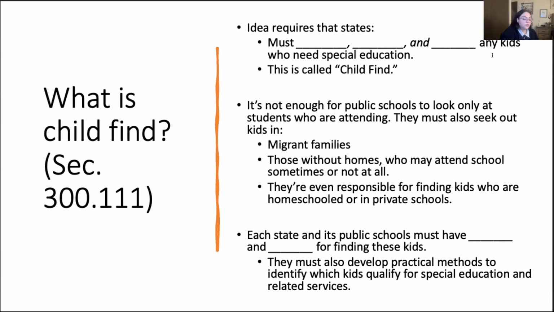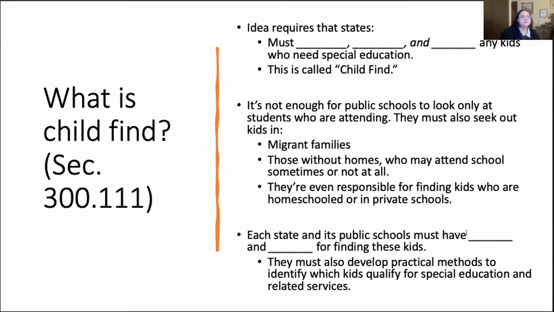Schools and the states by extension are responsible for finding kids who are homeschooled, are in private schools, or in charter school settings. Anybody who falls within their district bounds, the schools are responsible for identifying them.